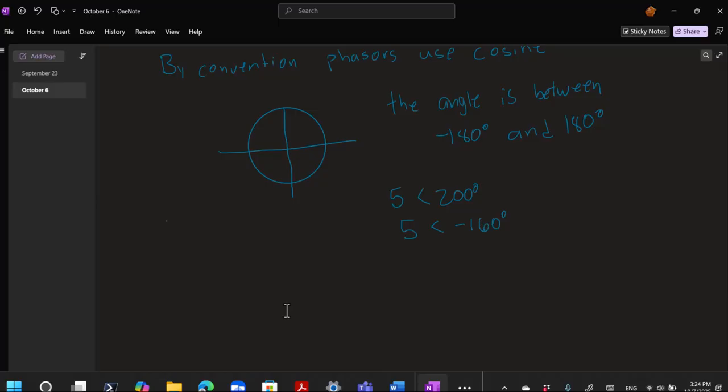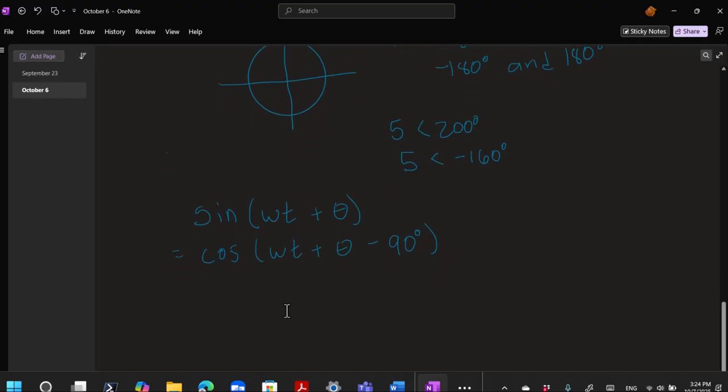And the other thing to note is that sine of omega t plus theta equals cosine of omega t plus theta minus 90 degrees. So if it's given to you as a sine, we can turn it to a cosine by subtracting 90 degrees.